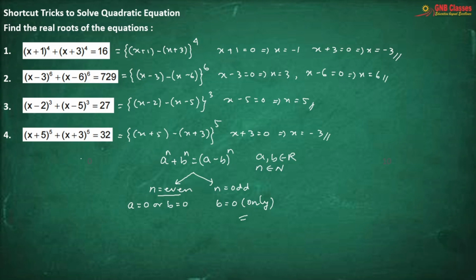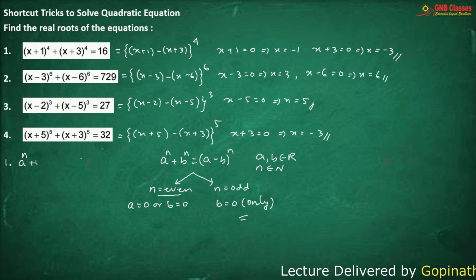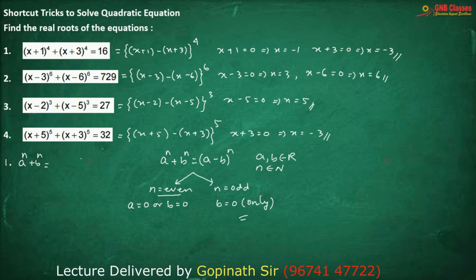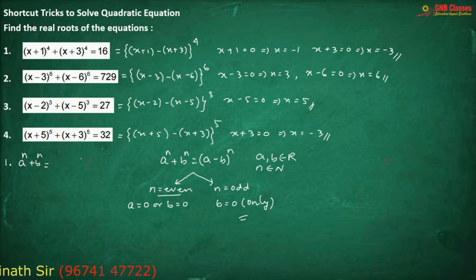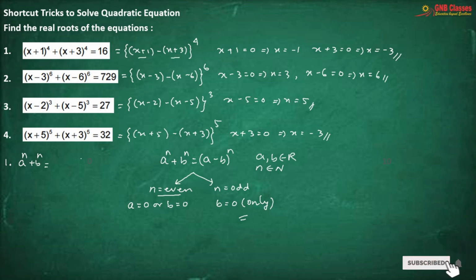Now let me show you how I have done all those sums with the help of this trick. See the first problem. Here we have a to the power n plus b to the power n, where a is x plus 1 and b is x plus 3, equals x plus 1 minus x plus 3 whole to the power 4, which is 16.